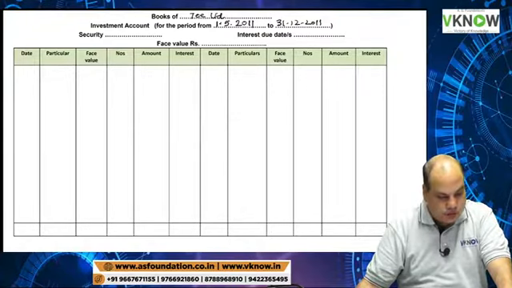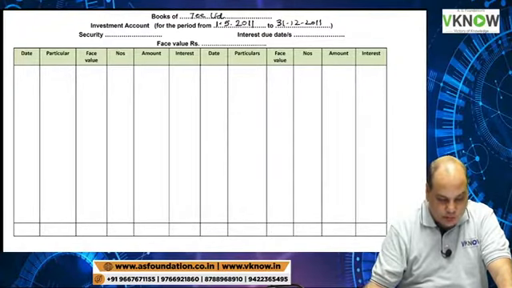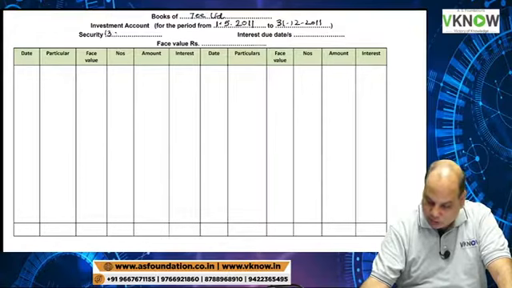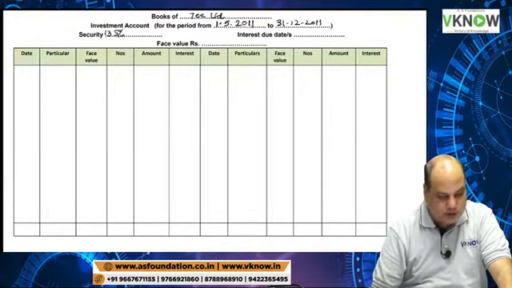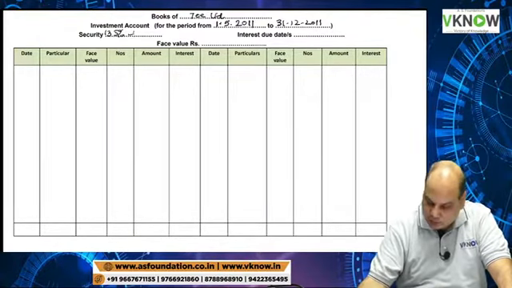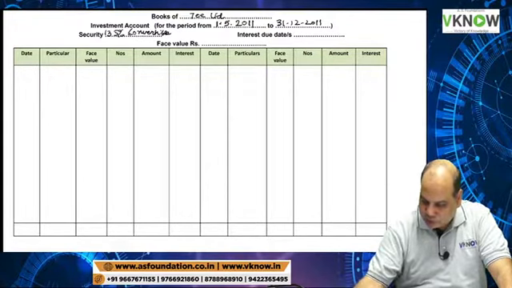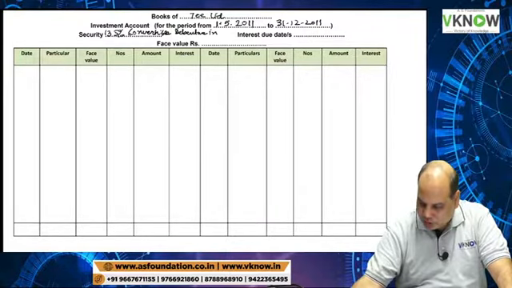Security. The name of the security is 13.5% convertible debenture in D Limited.